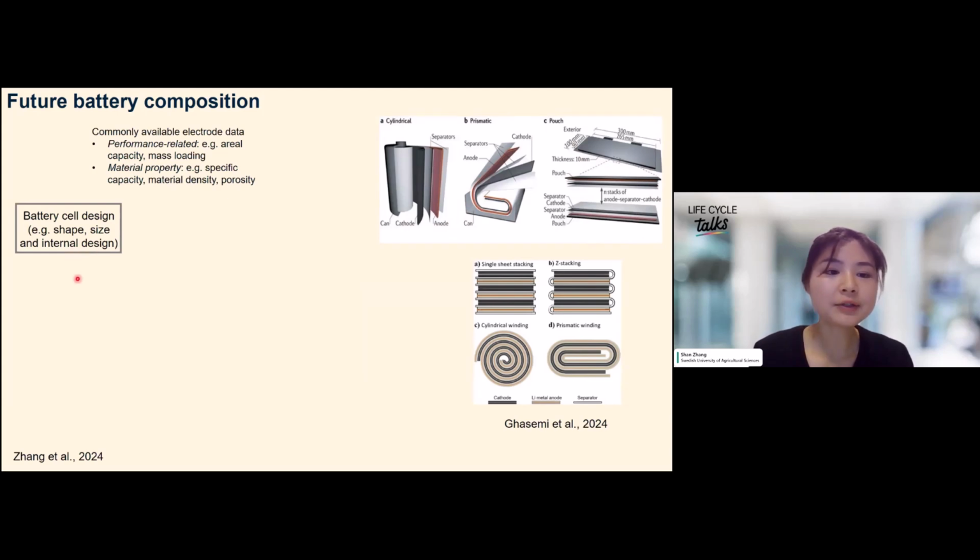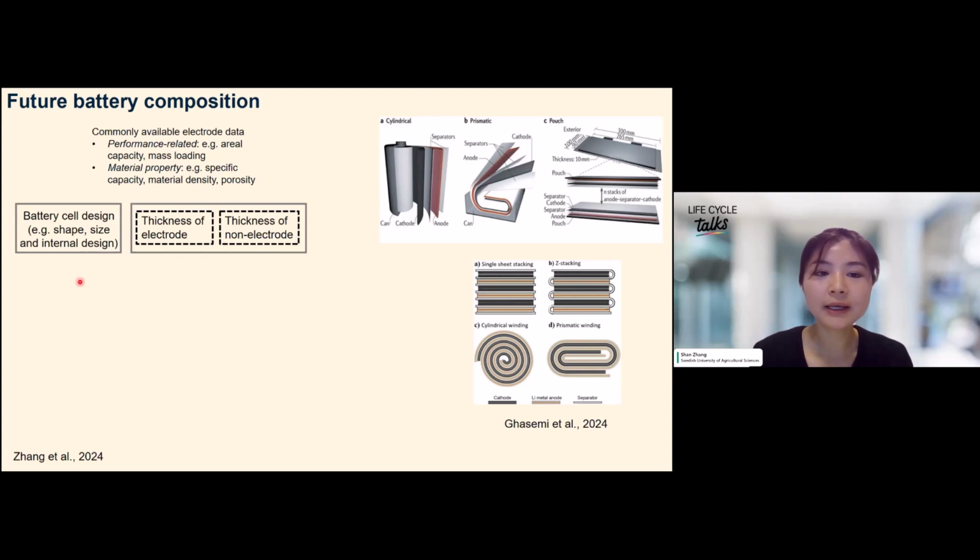This allows us to estimate the internal volume of the battery cell in combination with the thickness of the winding or stacking layer. We can calculate the total surface area of each component.